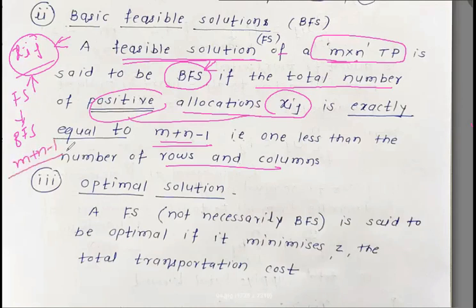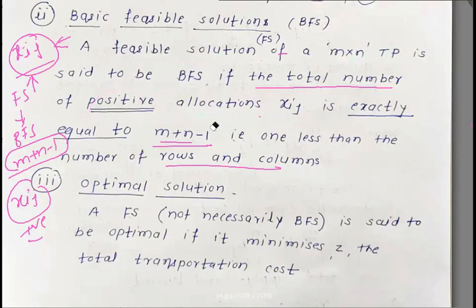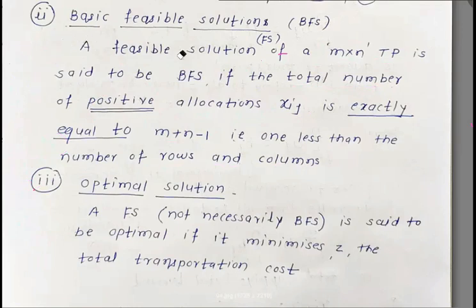So we count how many positive values of Xij there are. If there are M plus N minus 1 positive values of Xij in the solution, it is called a basic feasible solution. M means number of rows, N means number of columns in the transportation problem.